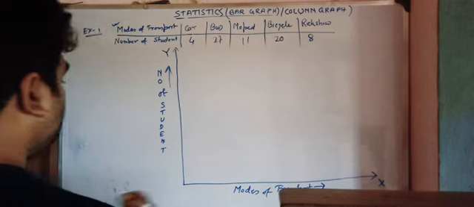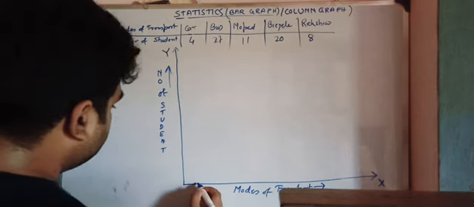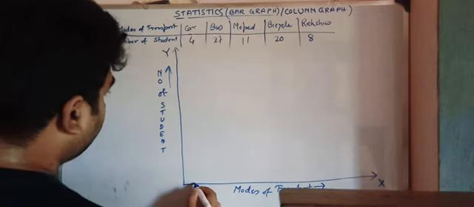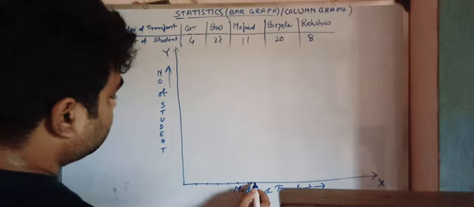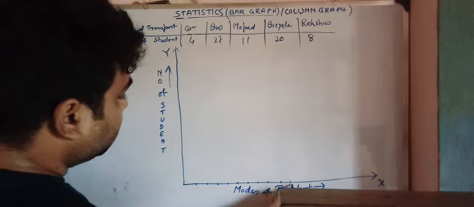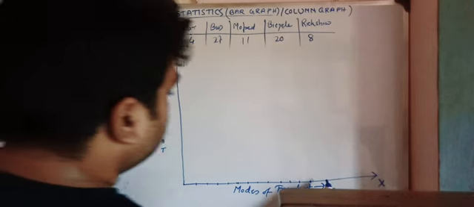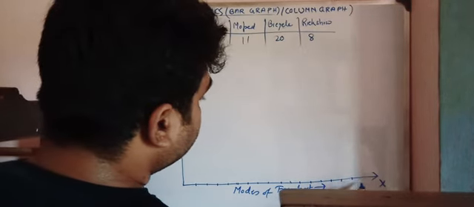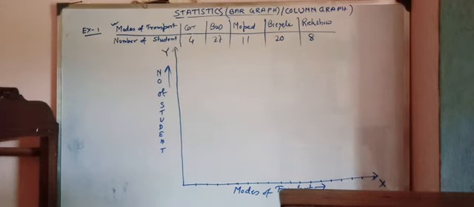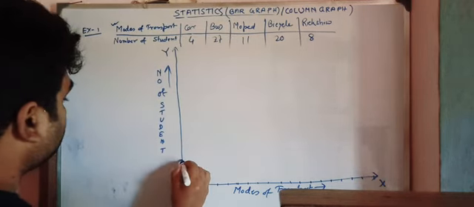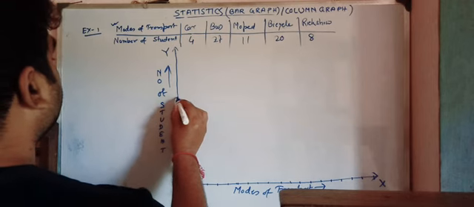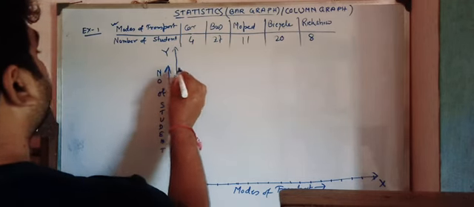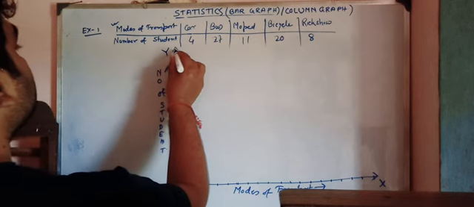Now suppose we have to divide this. This is my 1, I am taking 1, 2, 3, 4, 5, 6, 7, 8, 9, 10, 11, 12, 13, 14, 15, 16, 17, 18.